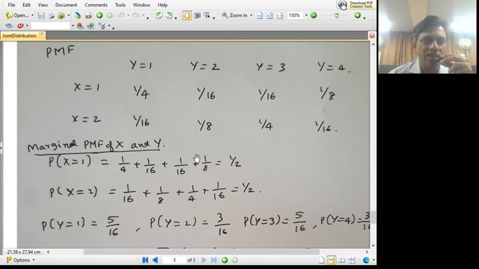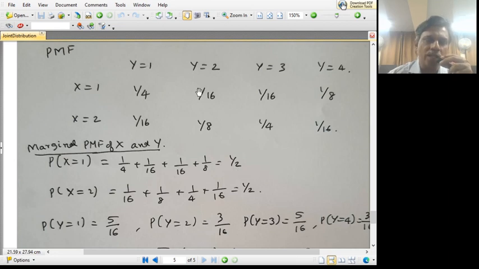We can see that this adds up to 1 by 2. Similarly, probability X equal to 2 is the sum of these probabilities, 1 by 16, 1 by 8, 1 by 4, 1 by 16. That also adds up to 1 by 2. You can see that this is a valid PMF of X, because if you add up these two probabilities, it becomes equal to 1.